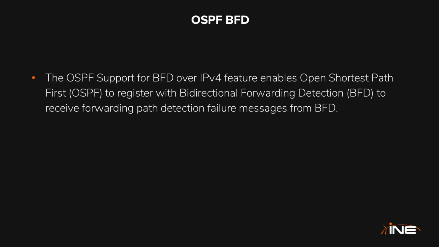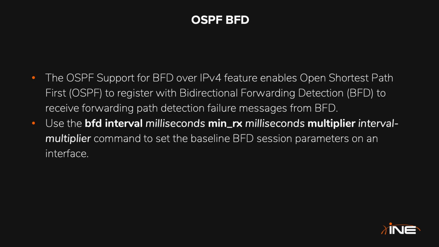So the OSPF support for BFD over IPv4 feature enables OSPF to register with BFD to receive forwarding path detection failure messages from BFD. These messages are sent by BFD once it does not receive BFD control messages from the remote peer.